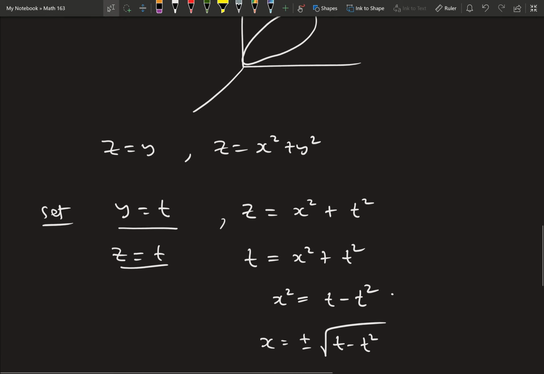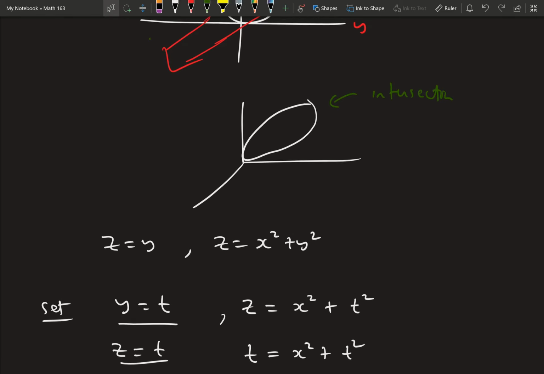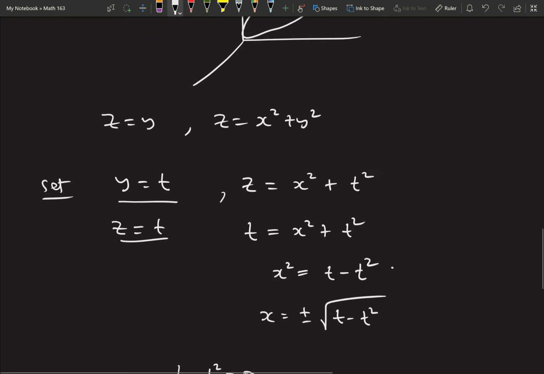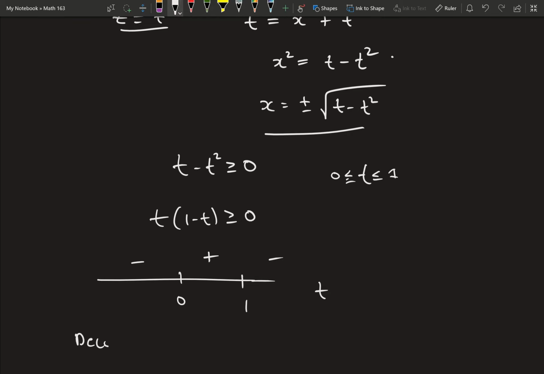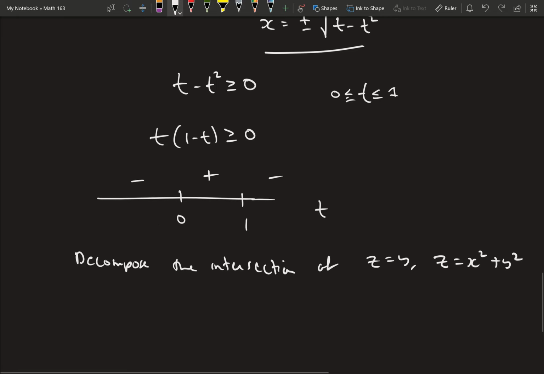This curve, since it cannot be written as a function of x uniquely, we have to write it as two functions. So we decompose the intersection of z equals y with z equals x squared plus y squared into two parts.